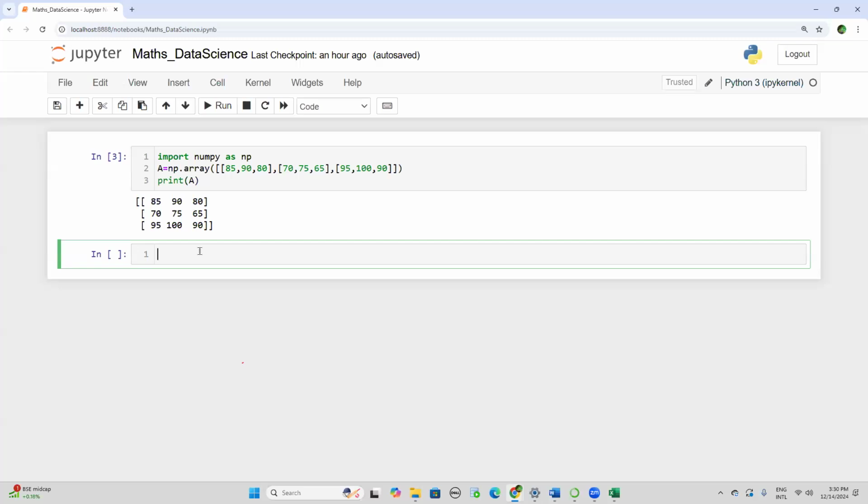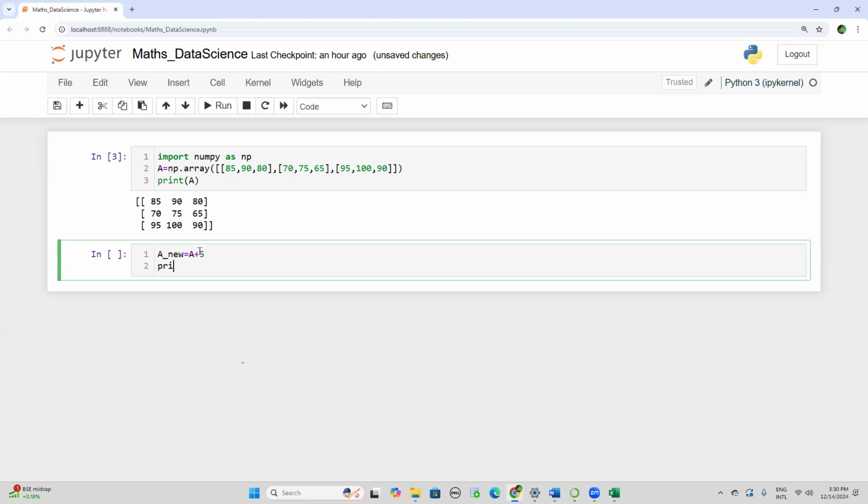Now coming to our problem statement, our client has told us to add 5 to each one of these values. So if I have to do the same thing in Python, I will write A underscore new. Suppose this is a new matrix. You can give any name to this, it's your wish. I've just given A underscore new. I will just write A plus 5.